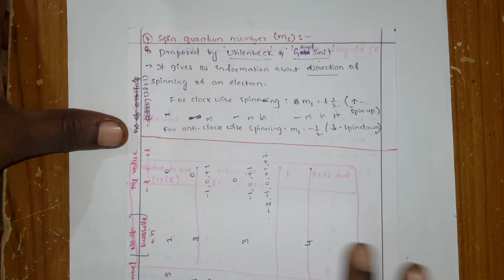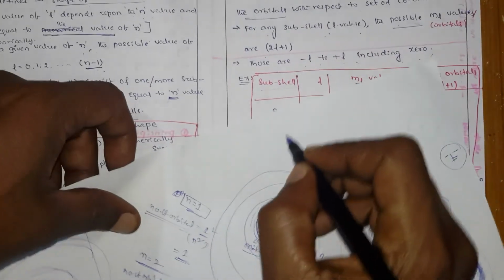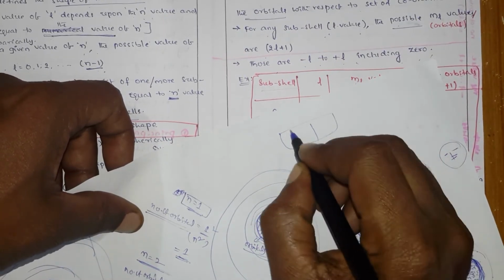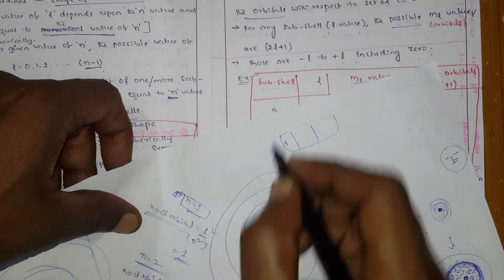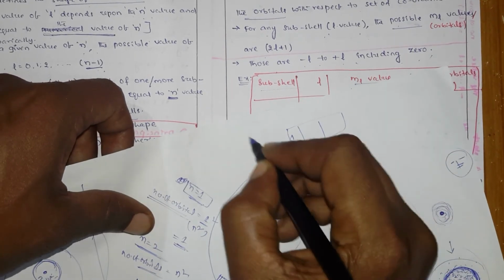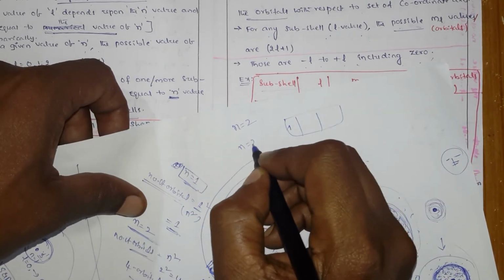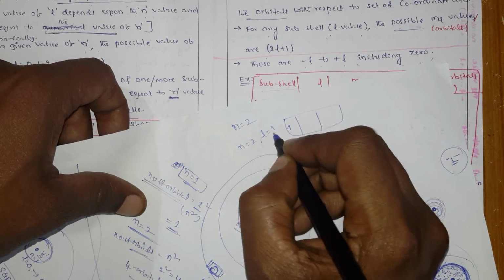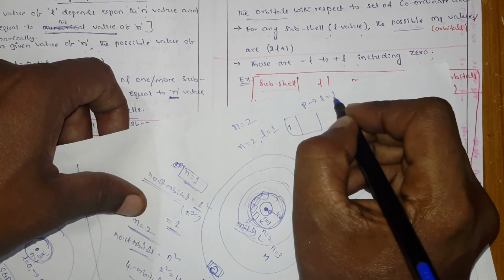Right. So that means in the p orbitals, these are the 3 p orbitals. In this, one electron is here. So how will you describe this? This is in n equal to 2, and l is equal to 1, because here it is the p orbital. For the p orbital, l is equal to 1.